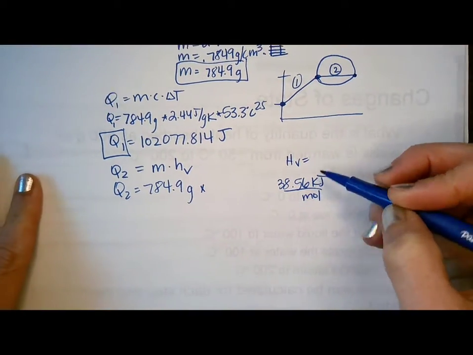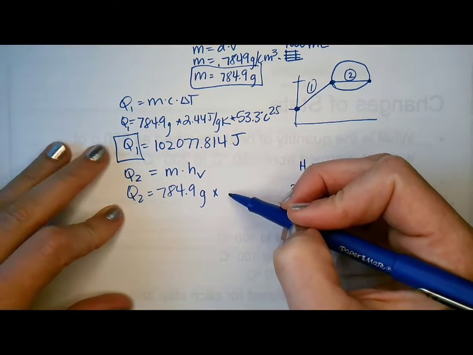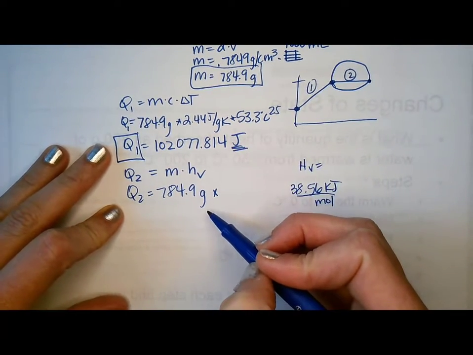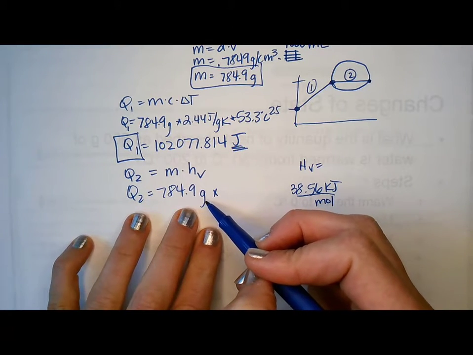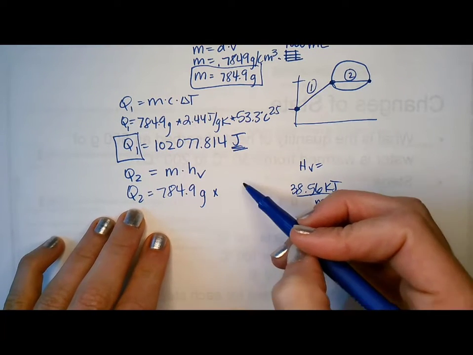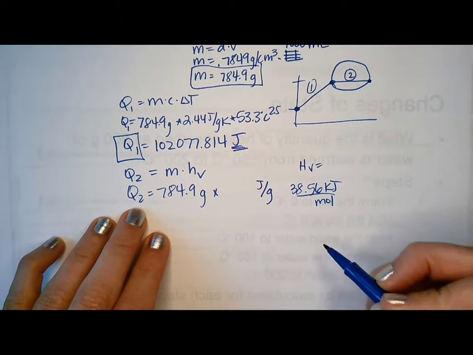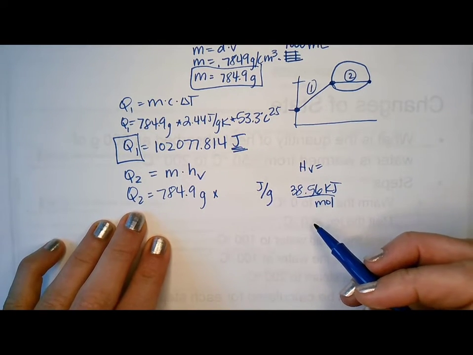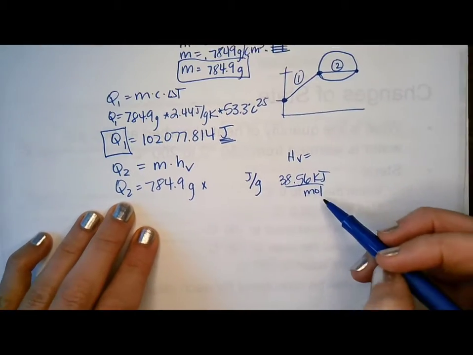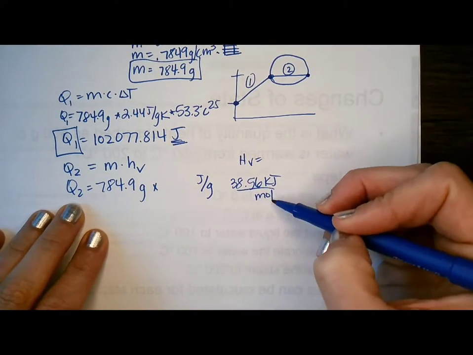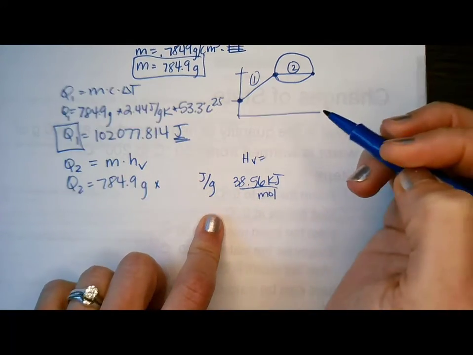But here's our problem. We want to add up our Q1 and Q2, and we need them in joules. So in order to get joules out of Q2, I need my heat of vaporization to be in joules per gram. Normally, they would not throw us for a loop like this, but we need to convert our kilojoules per mole into joules per gram.